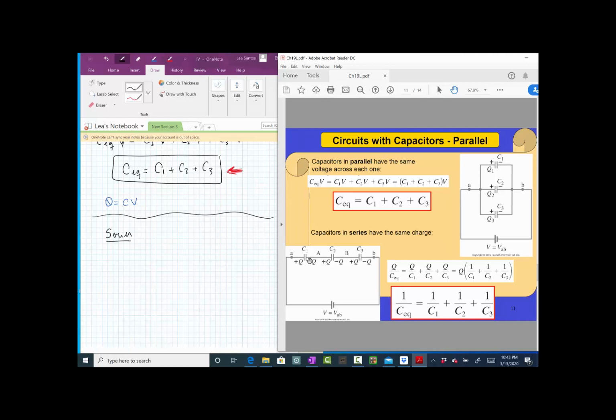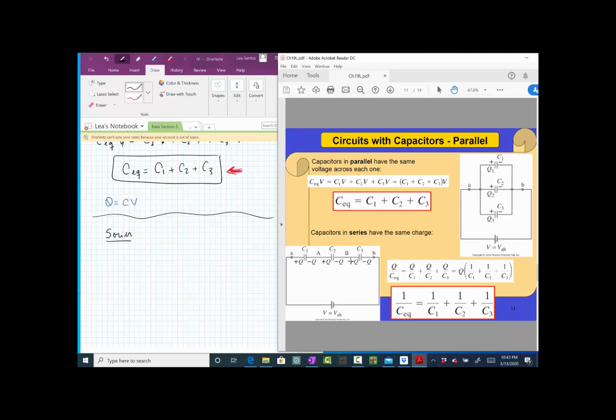Because if there were any little difference between these Qs, the electrons would move away, and so they want to find this equilibrium where here is minus Q and here is plus Q, all the same Q. So now it's similar to the case of resistances, where the current that had to go through all of them was the same.